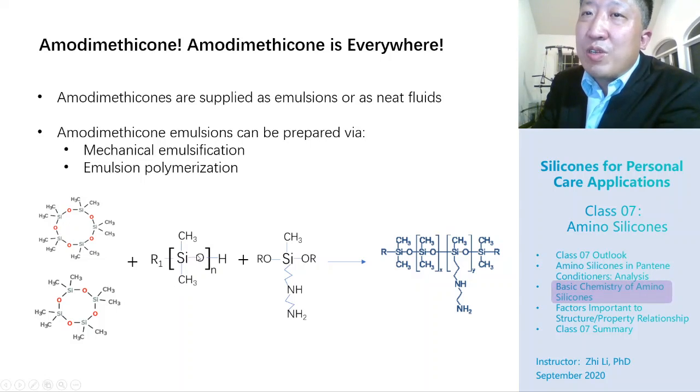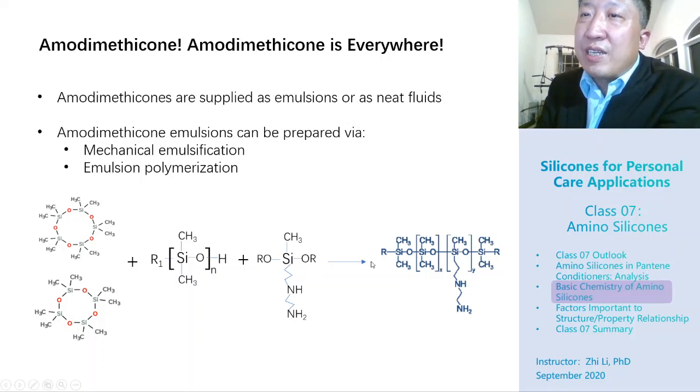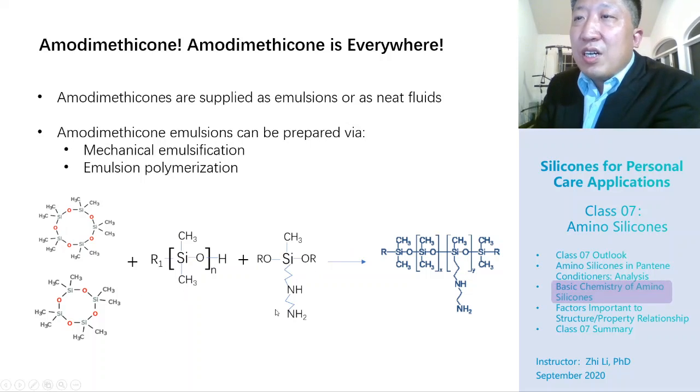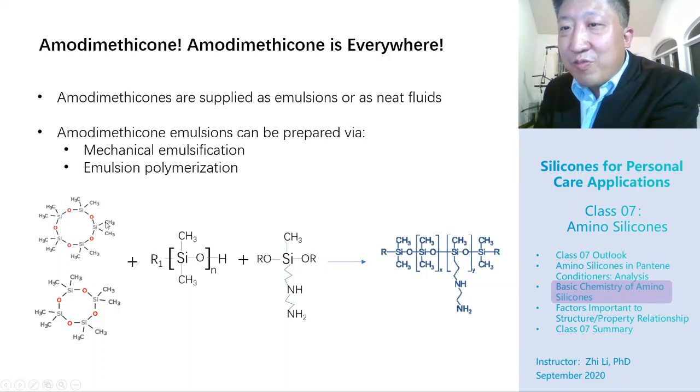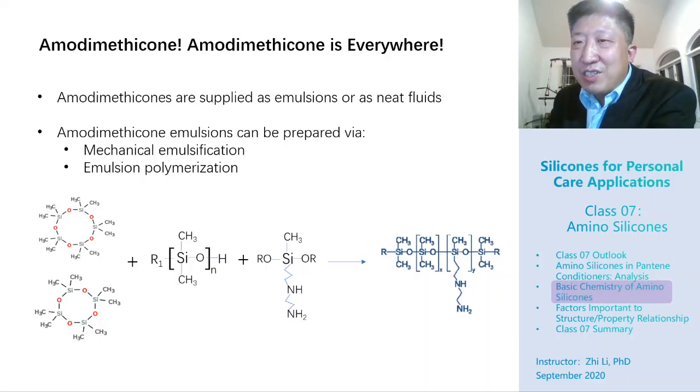This one has only one cyanide group, and the other end has no functionalization, so this is going to be an end cap on the whole chain. But this is going to have the reactivity on both sides. For these reactions, you're going to have residual cyclics, and for this D4, D5, it would be a little bit easier to be removed when you're doing the neat thing.